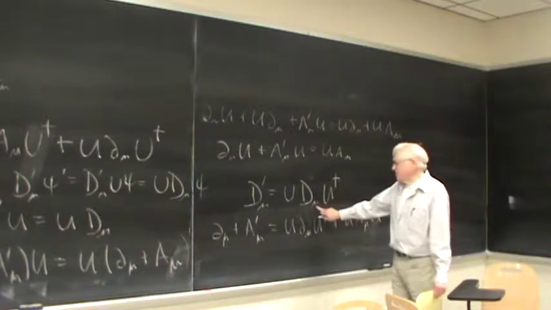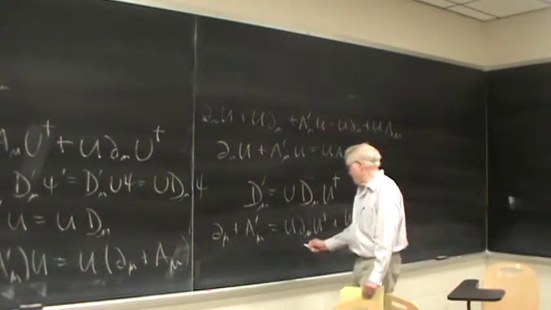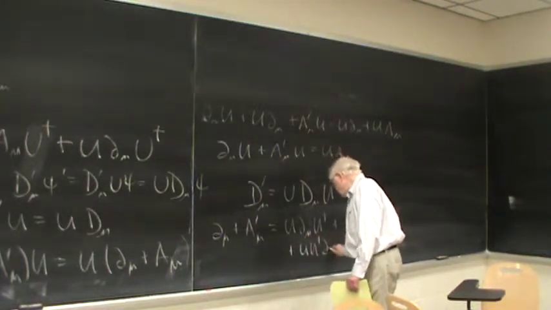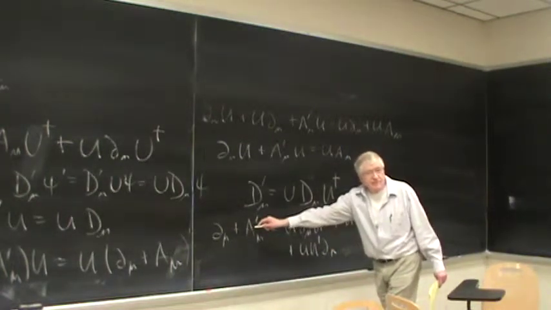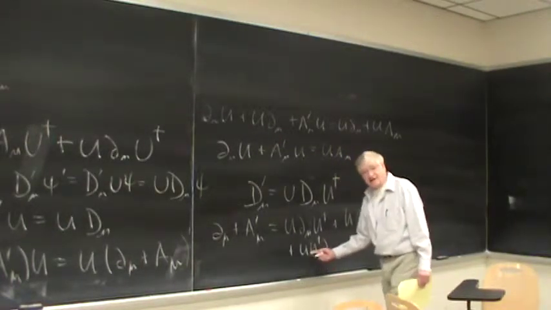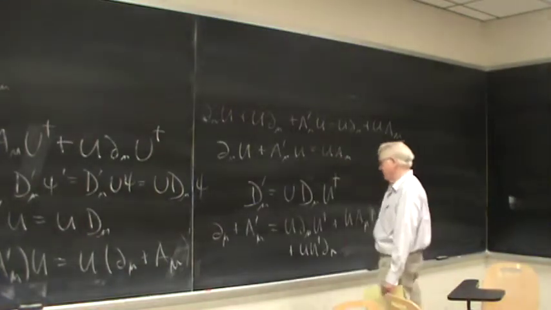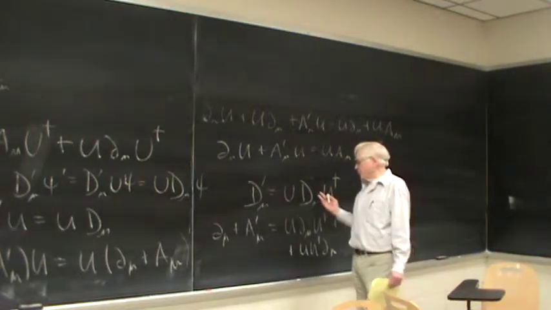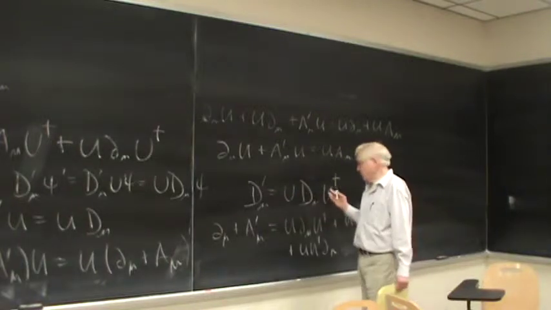This D mu though is still alive, so there's another term here, U adjoint D mu, and this term cancels that term, because this is the identity times D mu, and this is the identity times D mu. So this is a perfectly real equation that D mu prime is U D mu U adjoint.